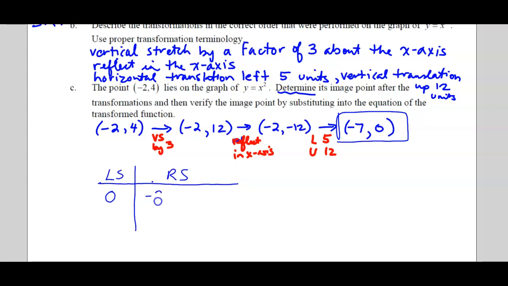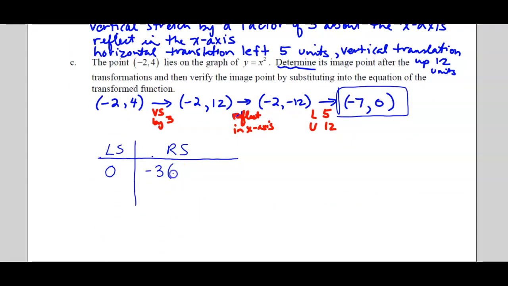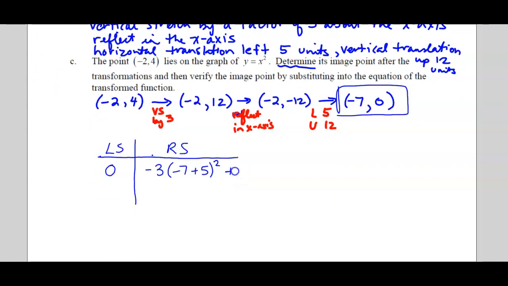Sorry, it's slow because I'm recording. And then x plus 5 all squared. So x is negative 7 plus 5 squared. Okay, and then plus 12. So evaluate that.